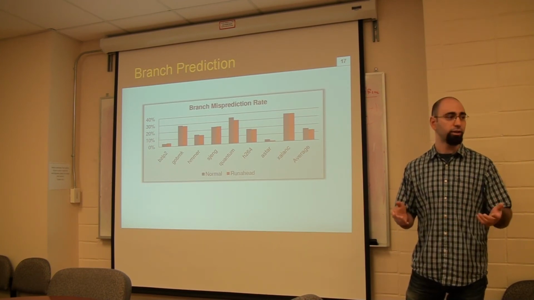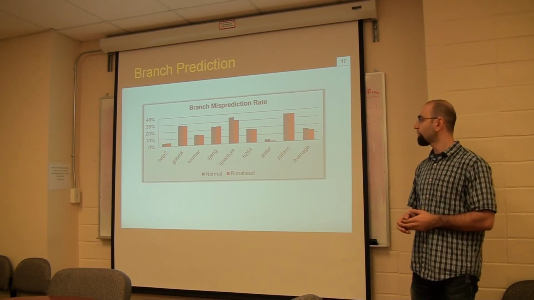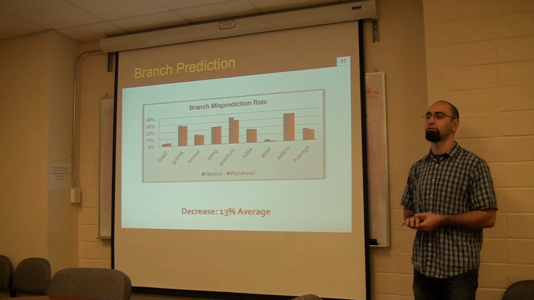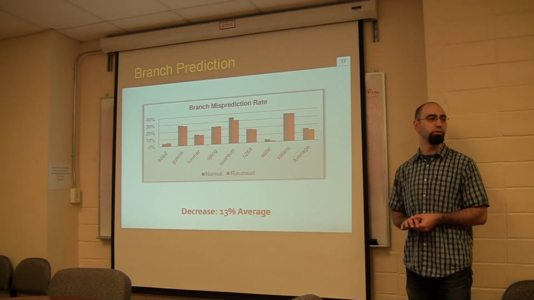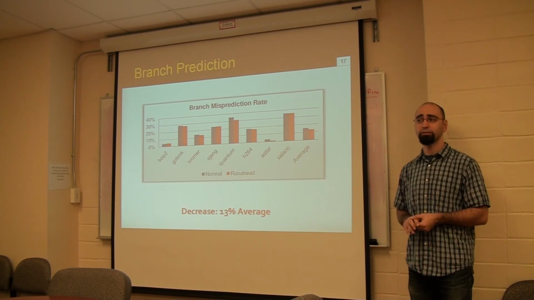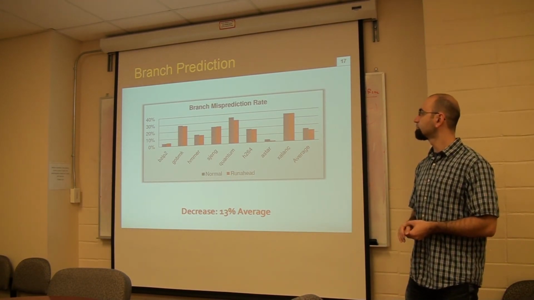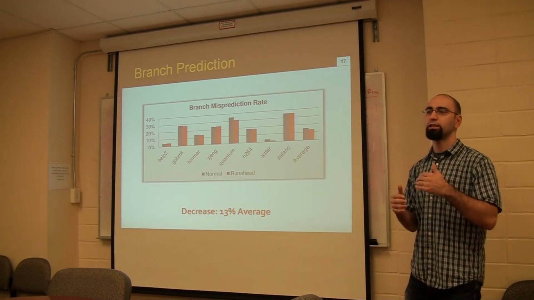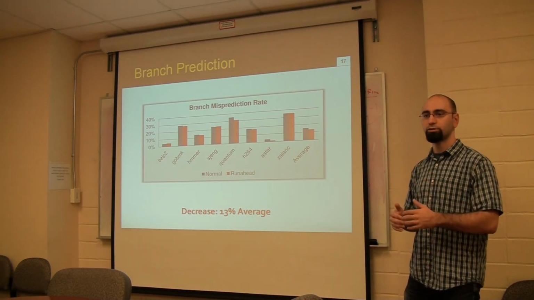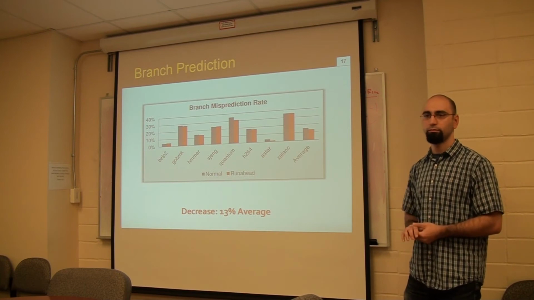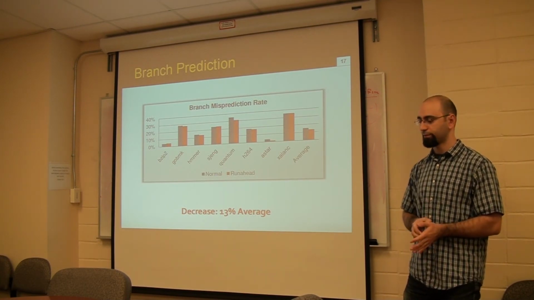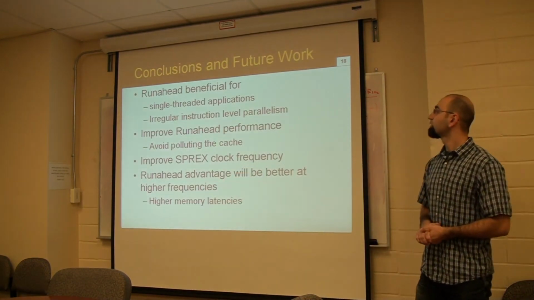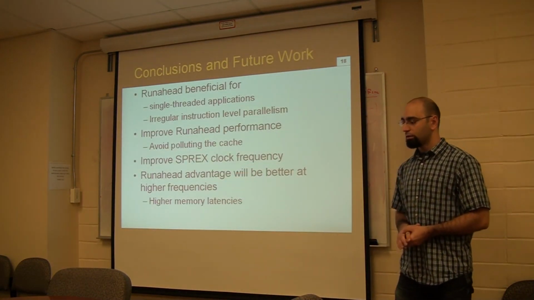I wouldn't say it's fully trained, but it's trained more. So you get a lower misprediction rate, about a 13% decrease, which is quite significant. Some of the boost in performance could actually be because of the better prediction accuracy. All right, that was basically it.